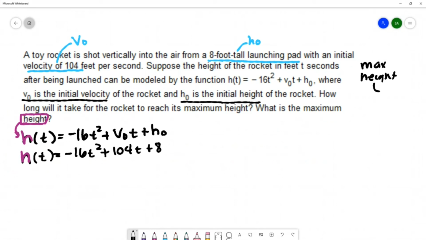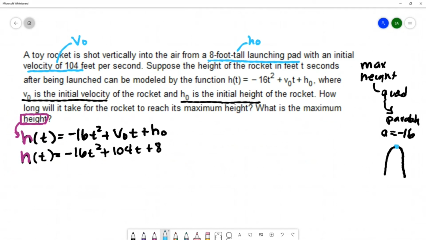We know the graph of a quadratic is a parabola, and we want to think about whether this parabola is opening up or down. We look at the value of a, that's negative 16. And because it's negative, we know that our parabola will be facing down.